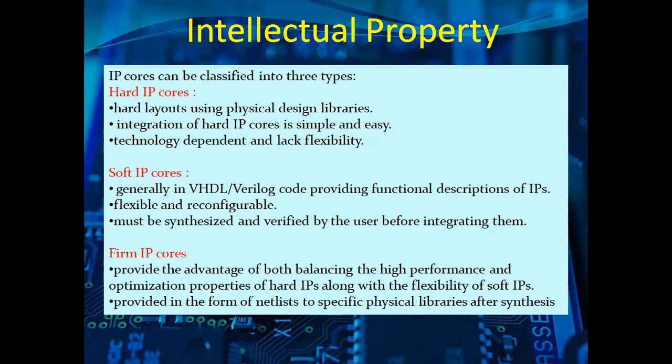In this, the netlists are provided, which are specific to physical libraries, and it is normally at the level of the netlist or at the synthesis level. So it is pre-verified in its functionality. It is pre-designed definitely. Okay. So these are the three categories of your IP cores.